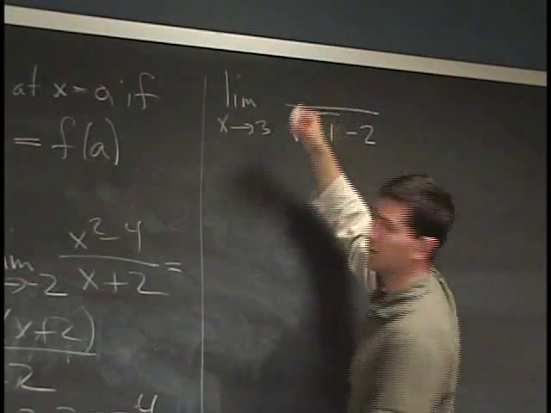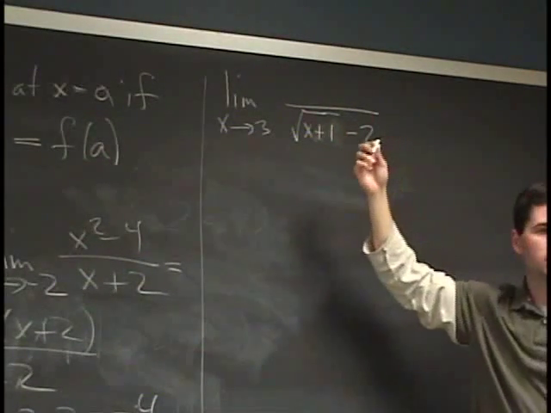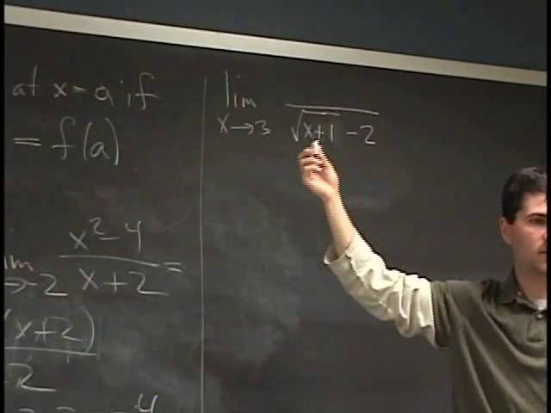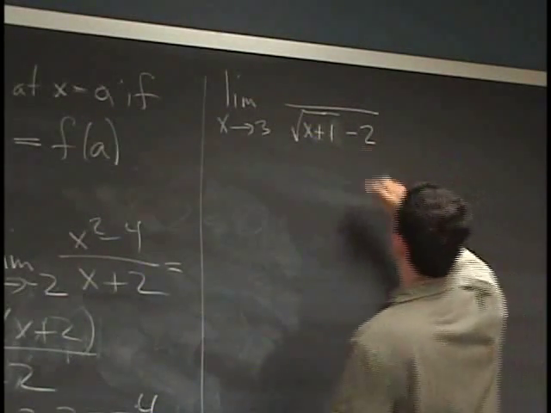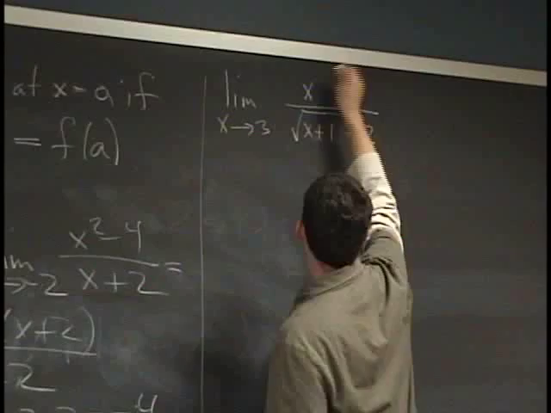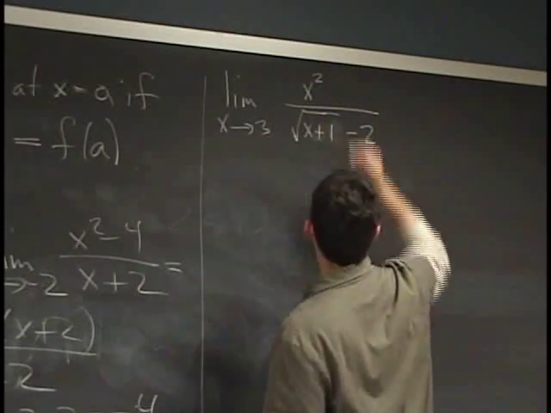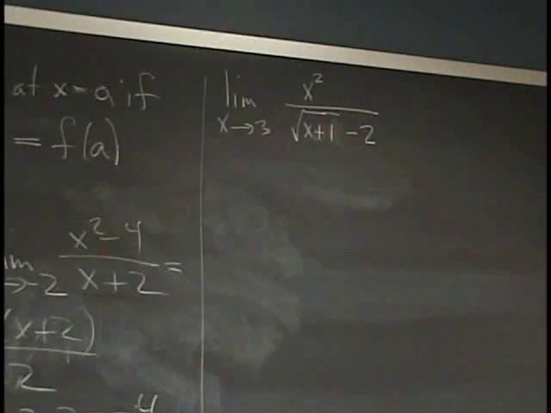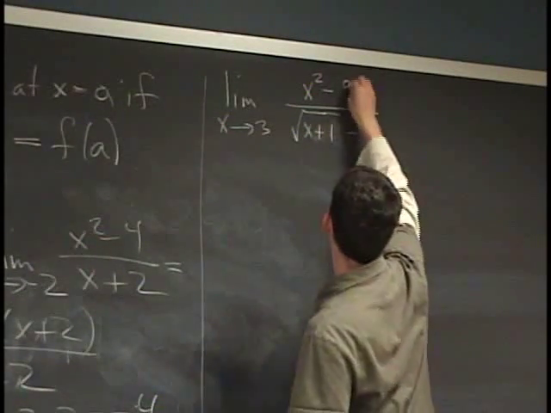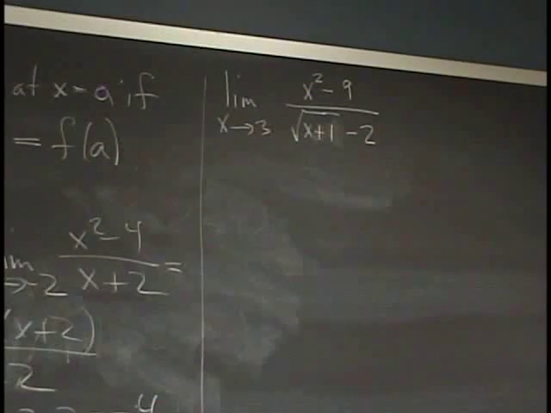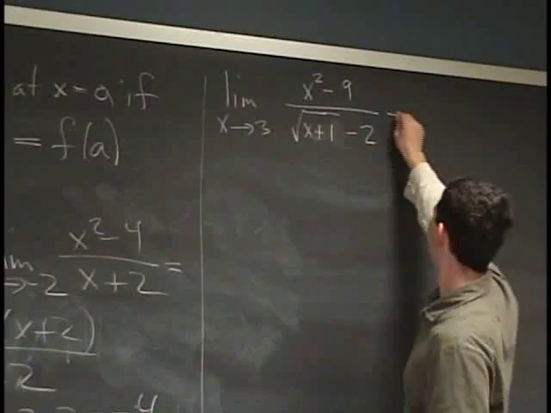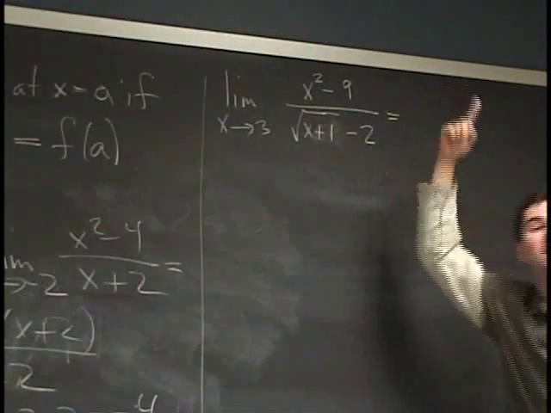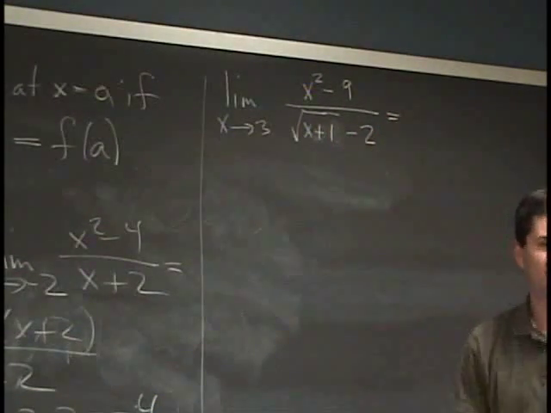And what should we put on top? No ideas? How about x squared minus 9? How about that? Does that seem like a good idea? You got to learn to work these backwards. If you can create these problems, then you can solve them.